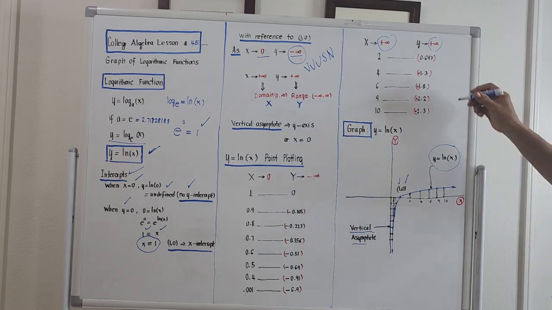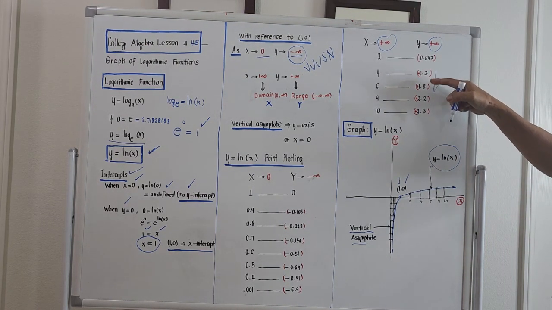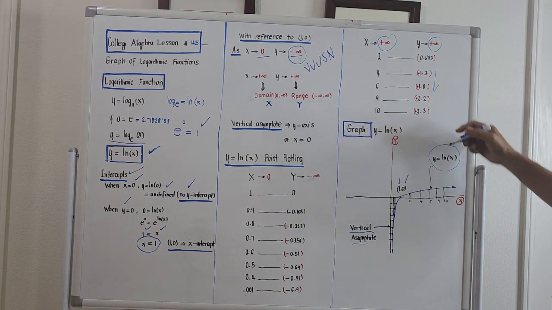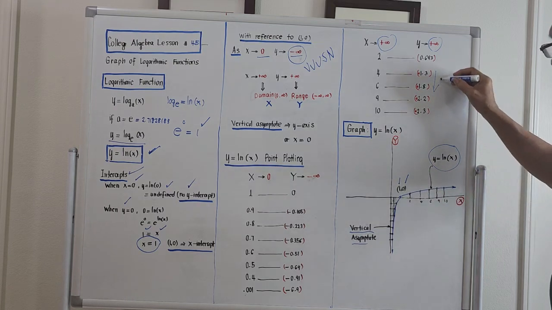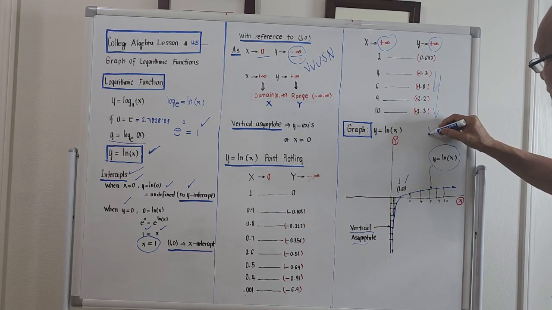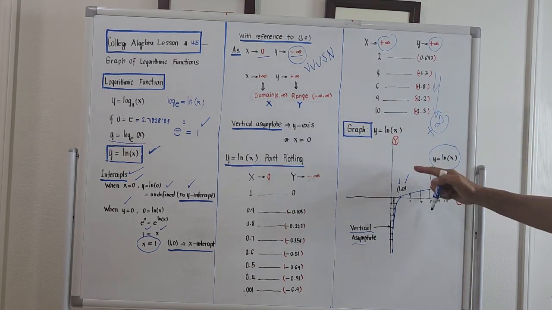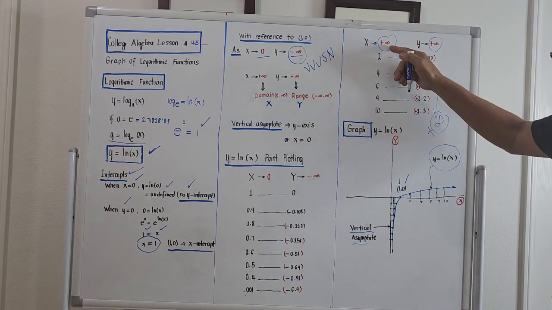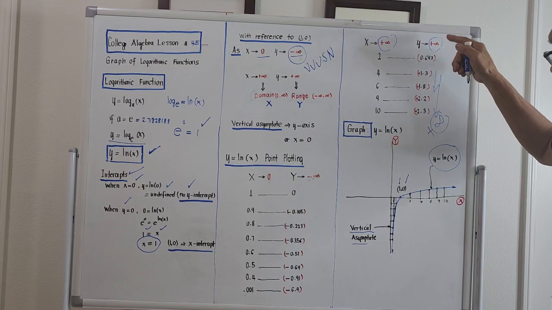As you notice, this is increasing: 1.3, 1.8, 2.2, 2.3. It increases, not by much, but it will still approach positive infinity. Any value to the right of 1 and 0, as x approaches infinity, y will also approach infinity. It will grow big also.